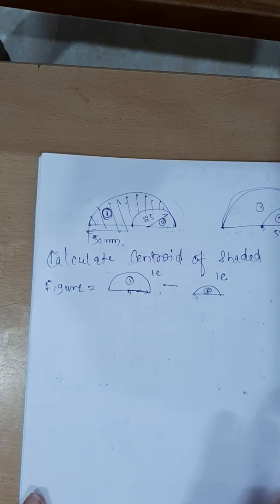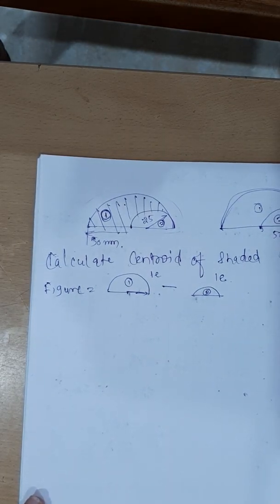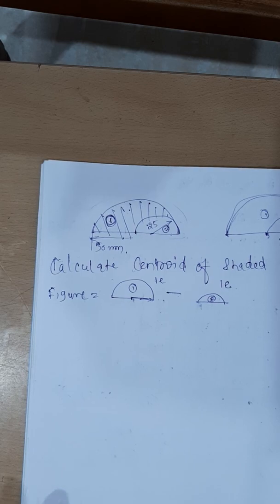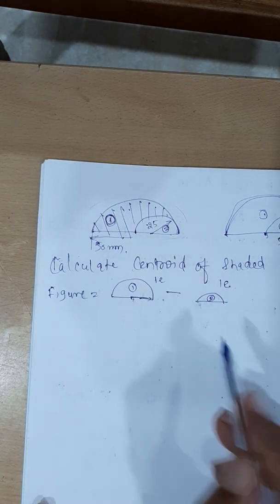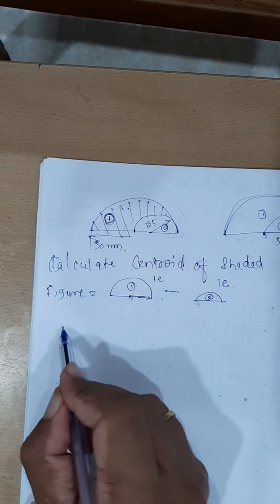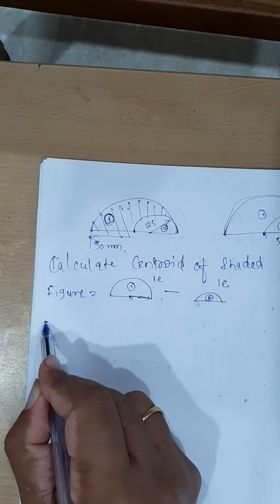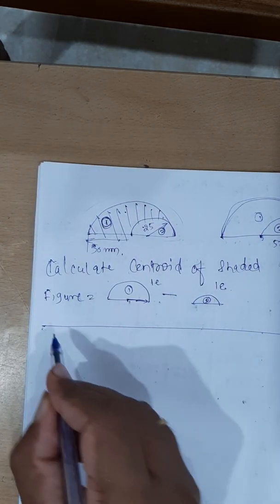First you identify this, then the rest of the problem is easy for you. I'll do the calculation in tabular form, as I told you. I'll prepare a table like this.